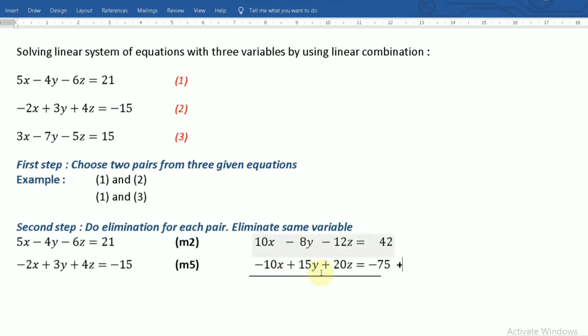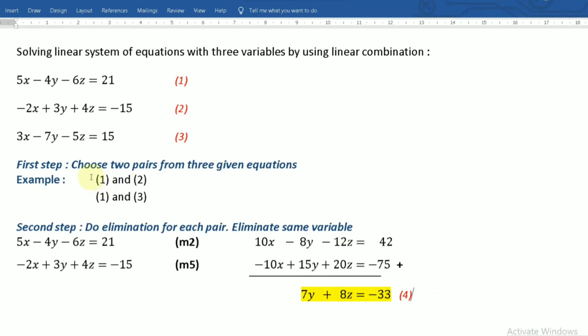When I add these two, I have this result, another equation, but with only two variables. I have already eliminated x. So let's label this one as the fourth equation, since we already have 1, 2, 3. So this is the fourth.